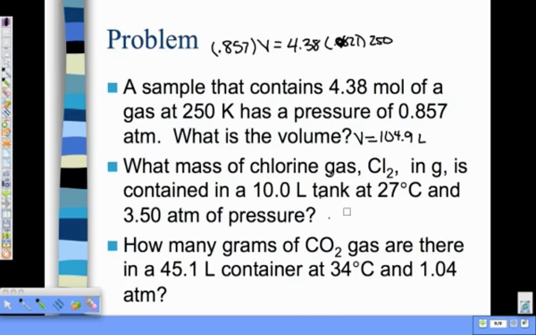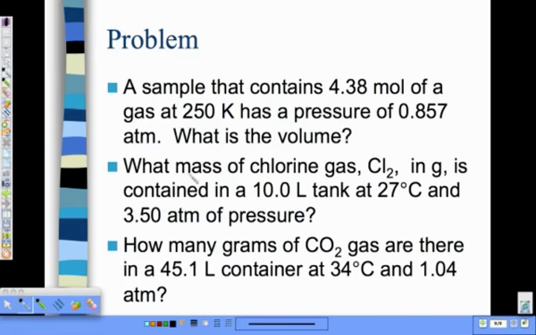Okay, this next one is one that I wanted to get to. It's going to be a little bit different. It's asking for mass. What mass of chlorine gas in grams is contained in a 10-liter tank at 27 degrees Celsius and 3.5 atm of pressure? Now, if we use PV equals nRT, we don't have a variable that solves for mass.